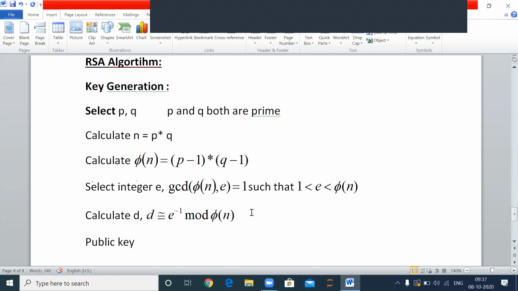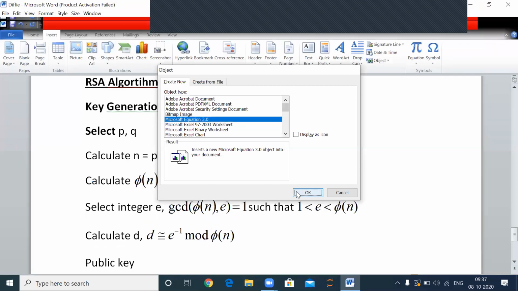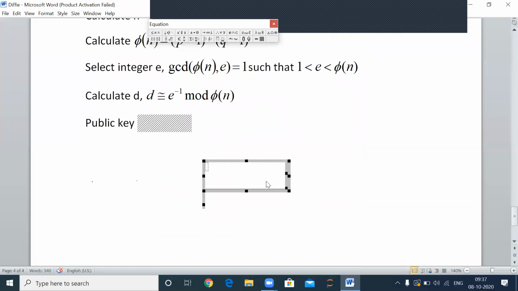The public key can be denoted as PU or KU. Here I am denoting KU, or you may represent PU also, there is no problem at all.